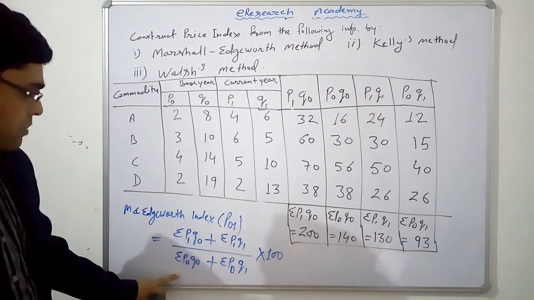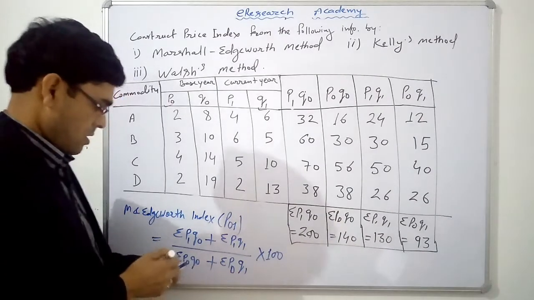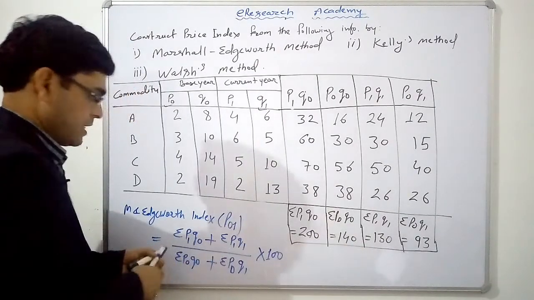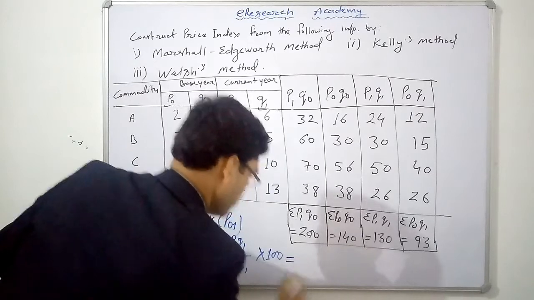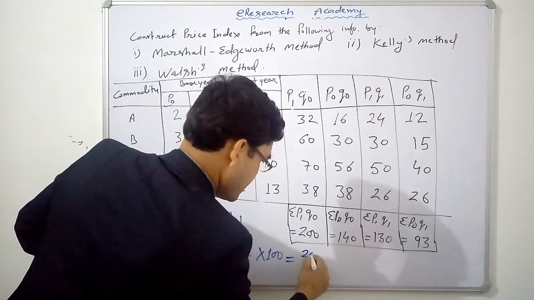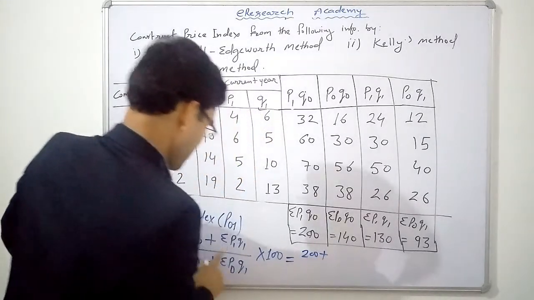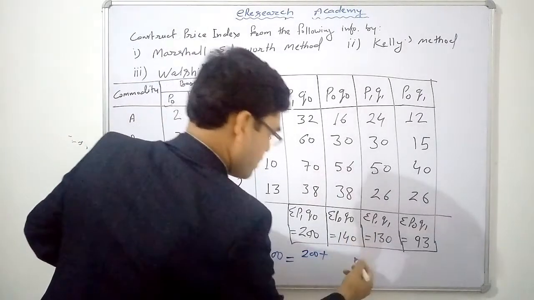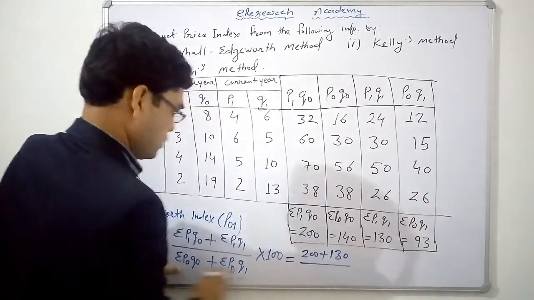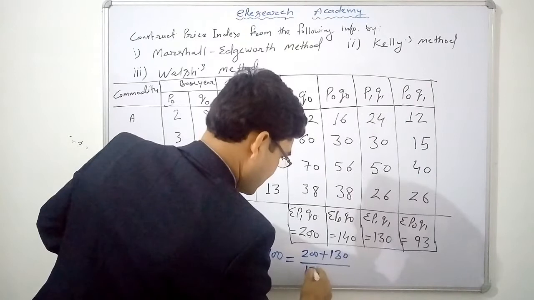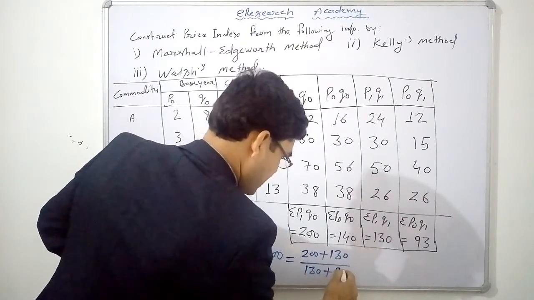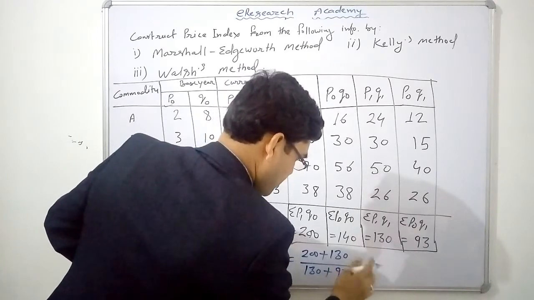So what do we get? Sigma P1 Q0 is 200 plus sigma P1 Q1 130, upon sigma P0 Q0 140 plus sigma P0 Q1 93, into 100.